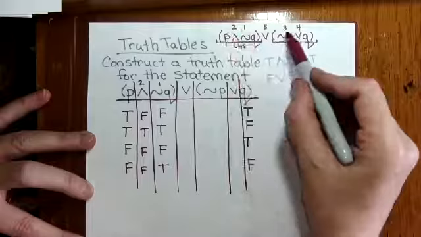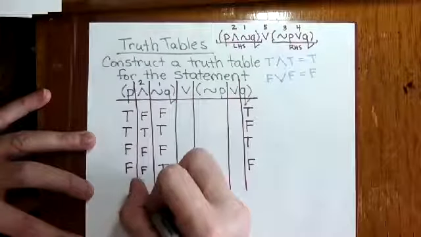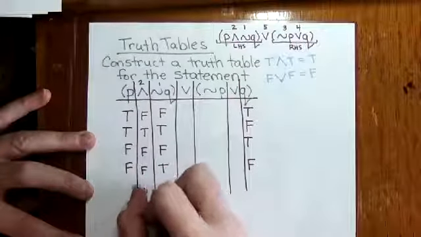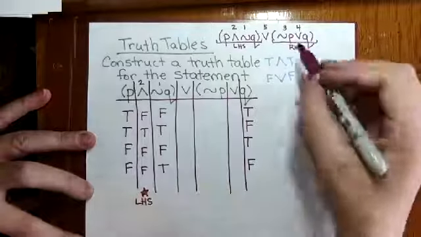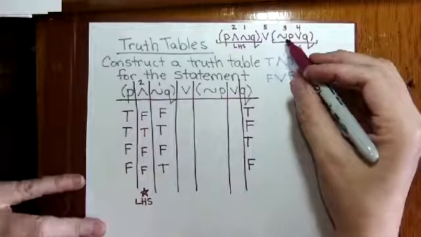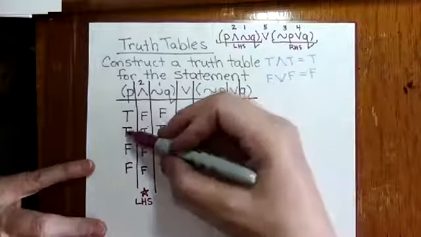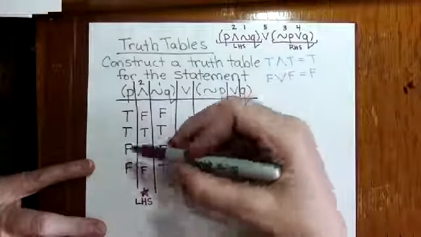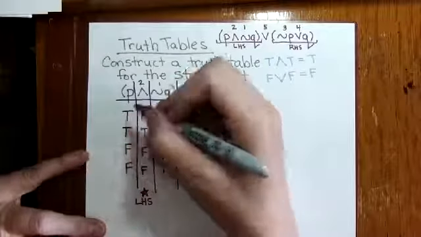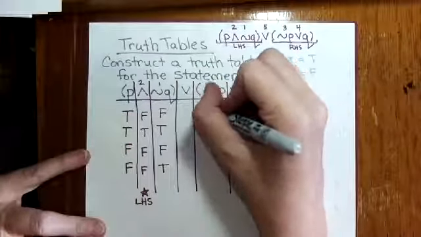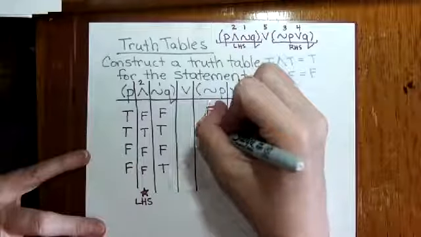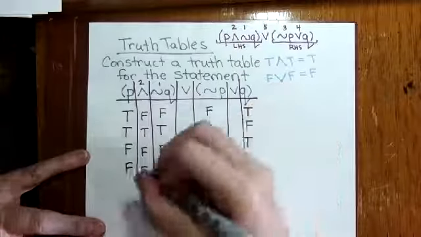Now we're done with the left-hand side. So we can move to step 3. Step 3, we have not P. Not P is to look at the P column and reverse the true to false and false to true.